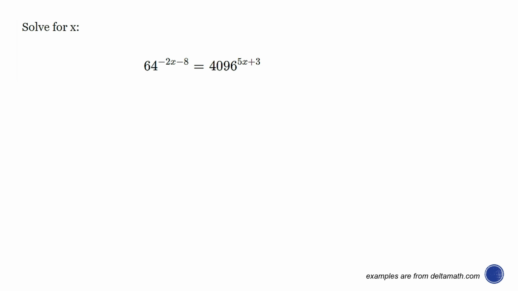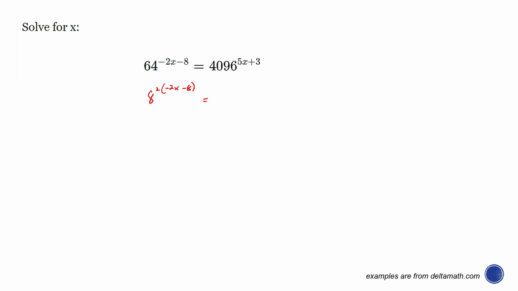So let's say 64, I can change that into 8 squared, right? 8 times 8 is 64. Here it's not like there's a shortcut to do that. You need to use a calculator in some cases in order to find that same base.